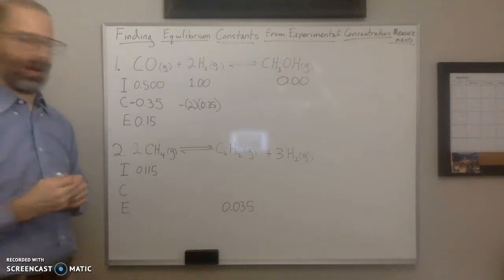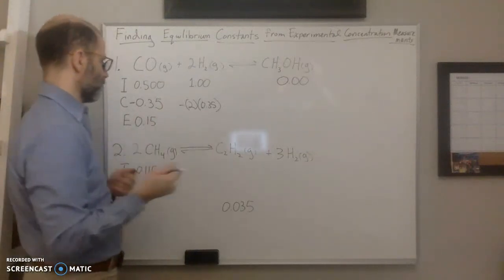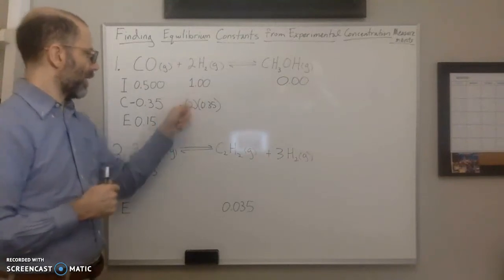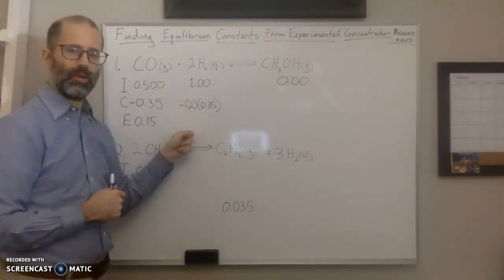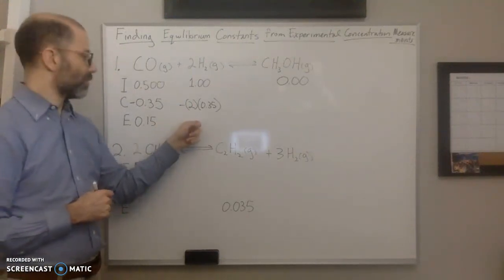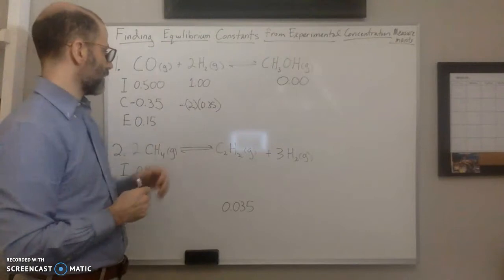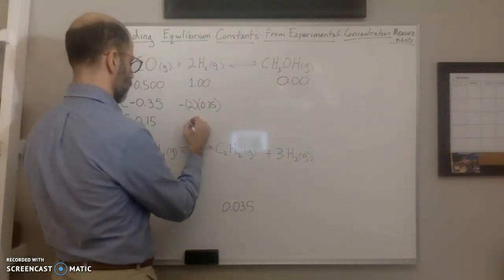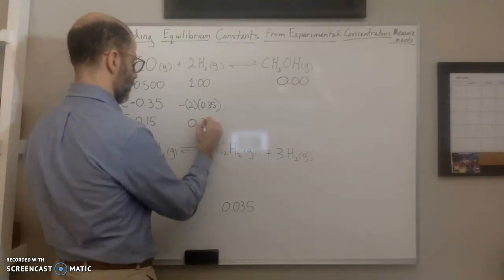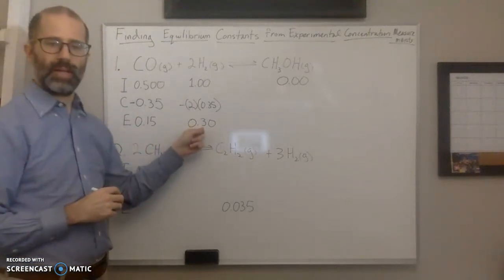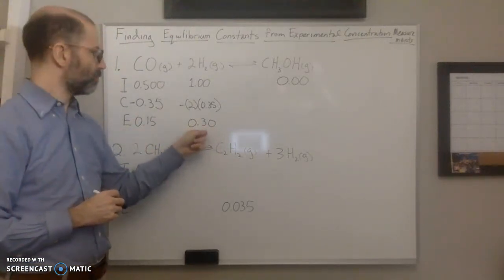So that's going to be the loss here. So if I start with 1 molar and I lose this, now I can figure out what the equilibrium amount for H2 is going to be. And so that's going to be 0.7. So I'm losing 0.7, and that leaves me with 0.30. So that's my equilibrium amount here.